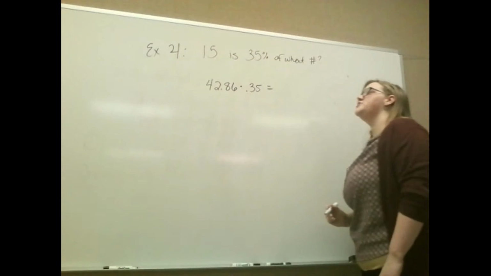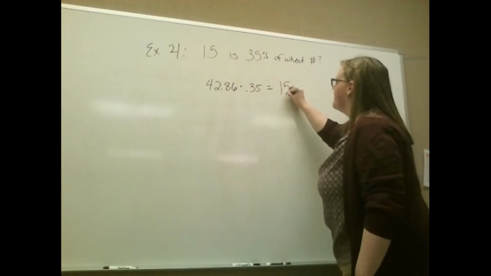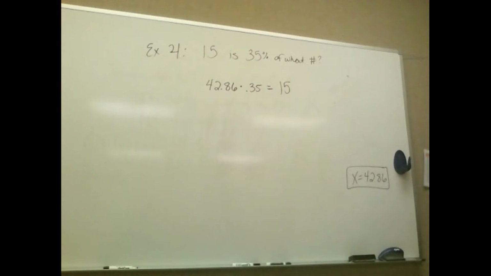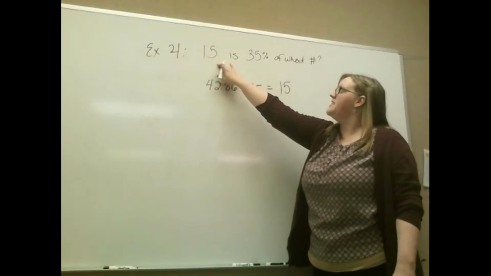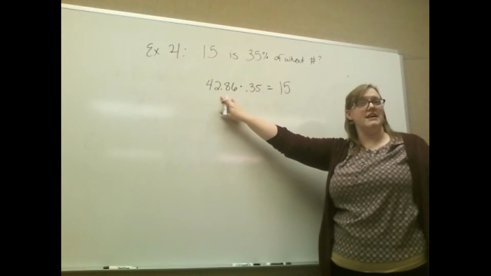And someone put 42.86 times 0.35 in their calculator. It's 15. Yep. All right, so you see how that works? So 15 is 35% of 42.86.